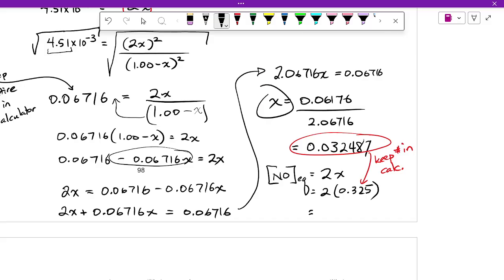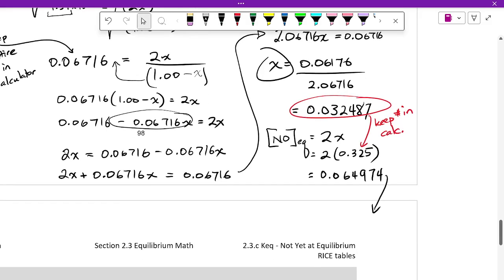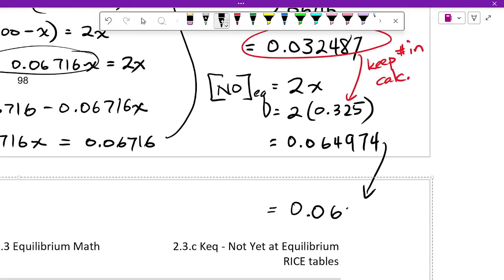And then I get 0.064974. I've run out of room, which is too bad, but fortunately I can go on to the next page. I'm going to round that off now to 3 sig figs: 0.0650 molar, because it is a concentration.